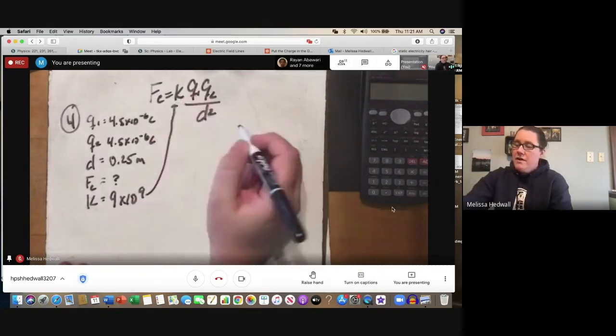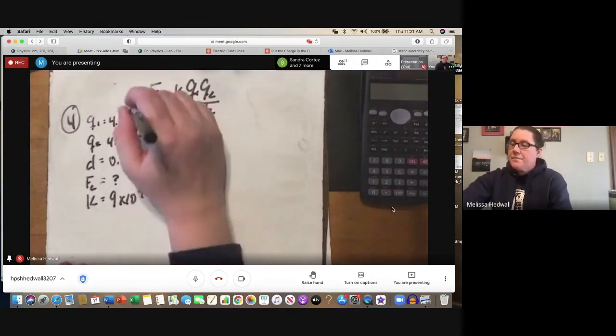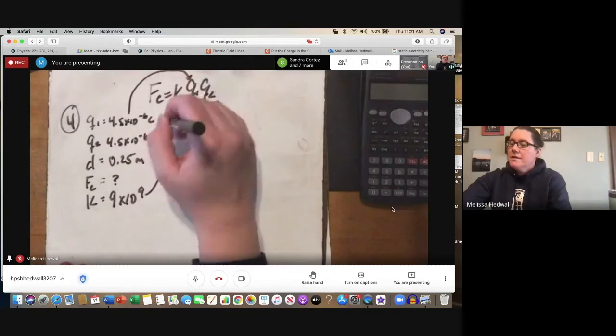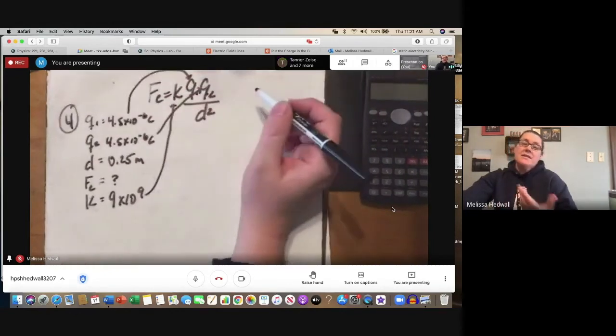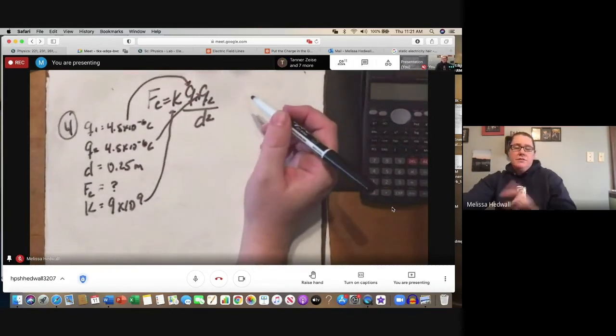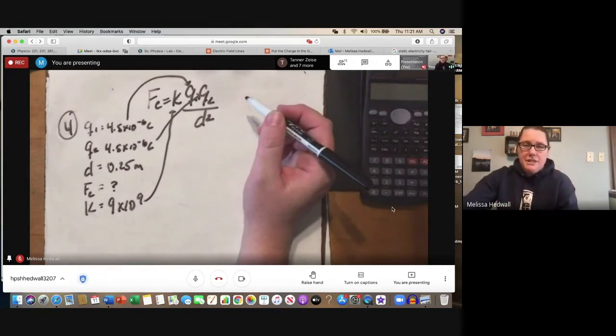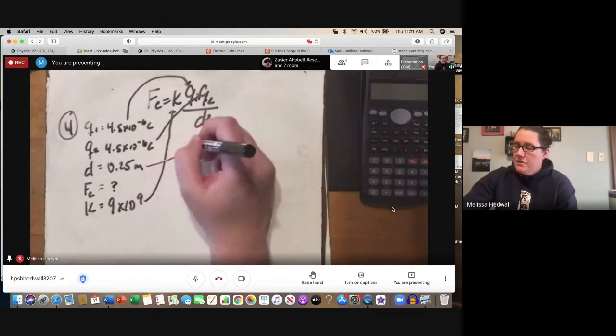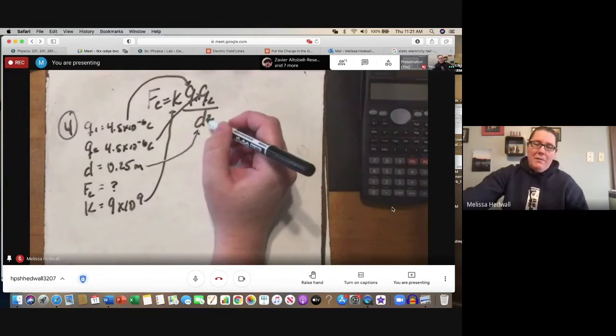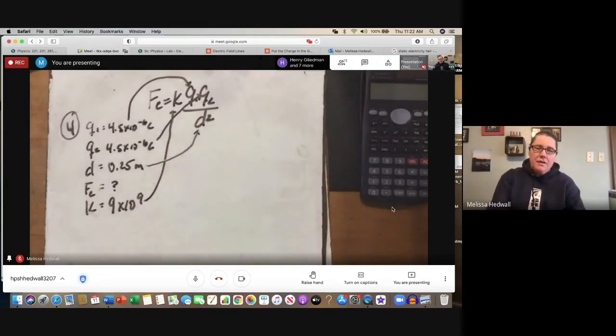So we have our k value that will go there. q1 goes there. q2 goes there. That ends up being arbitrary because the 1 and the 2 just let us know that we have 2 charges at the top. And then the 0.25 meters will go on the bottom, and it will be squared. So getting that one set up is going to look something like that. Go ahead and screenshot that if you would like. I'm going to move on to number 5.